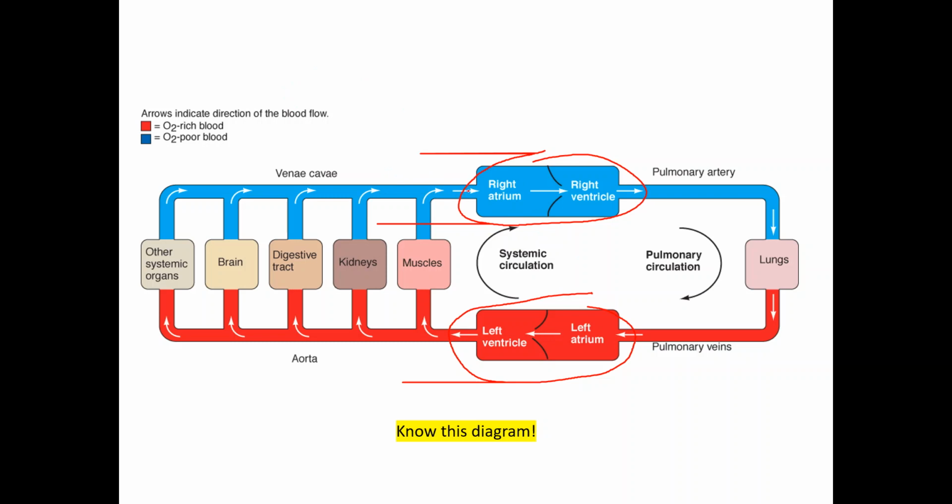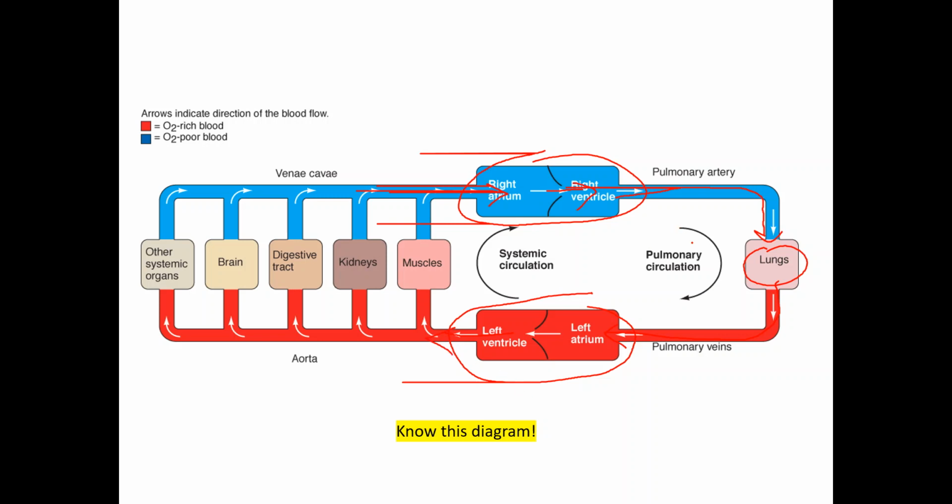And then you can schematically represent the circulation. The unoxygenated blood ends up in the right atrium, gets to the right ventricle, gets pumped through the pulmonary artery to the lungs. Here there is no right and left, it's just a schematic thing, where then it gets oxygenated, and then from the lungs comes through the pulmonary veins, gets to the left atrium, the receiving chamber, then to the left ventricle, and that's where it's pumped systemically.